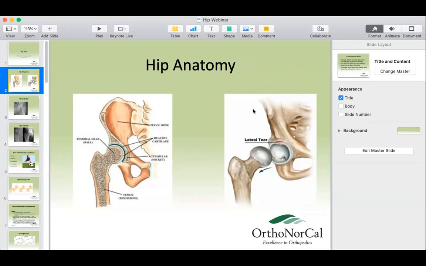What is meant by hip impingement refers to the bony architecture of the hip joint, the femur and the acetabulum itself, whereby growths of the bone can actually lead to the hip impinging, or the bones bumping up or making contact with one another in a pathologic way that leads to further damage.